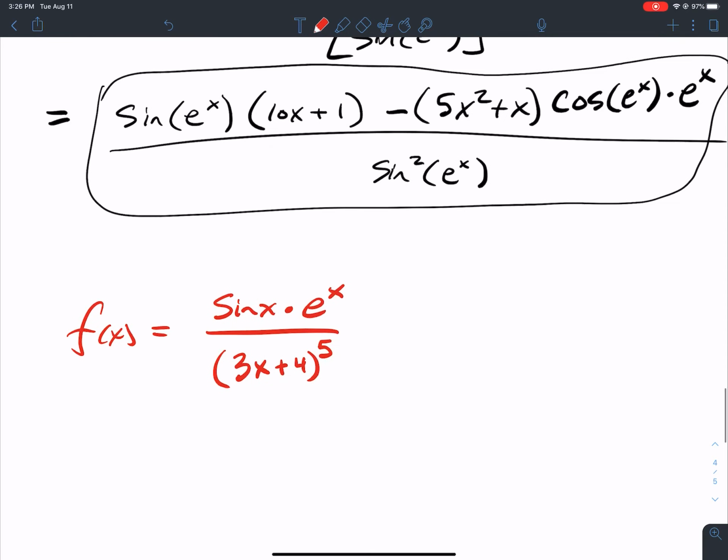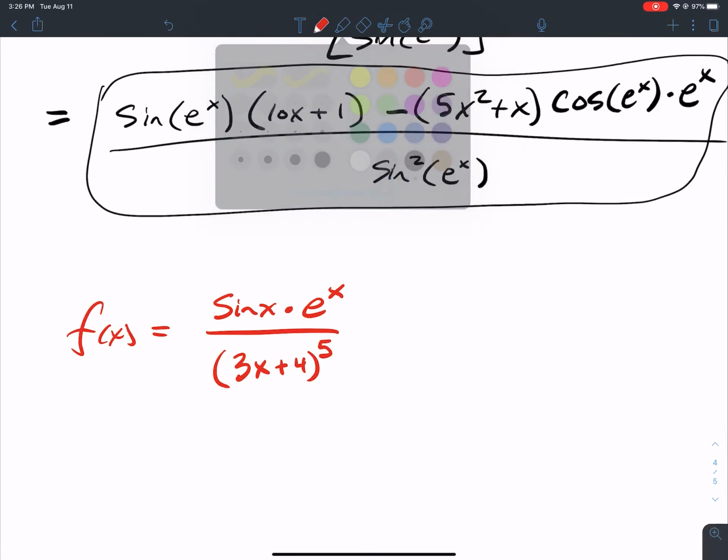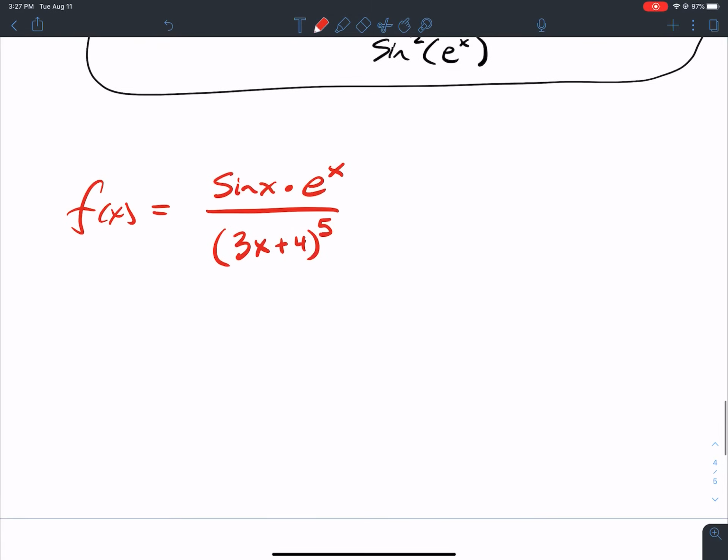Okay, so not only do you have a quotient rule and a product rule, but you also have a chain rule here. So I just made that problem up. It might be good for us to work through.